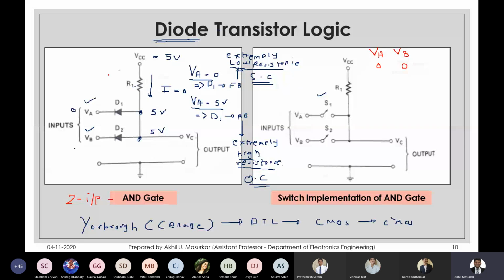Can you tell me? I'm drawing a graph. This is I and this is V. What is this point called?